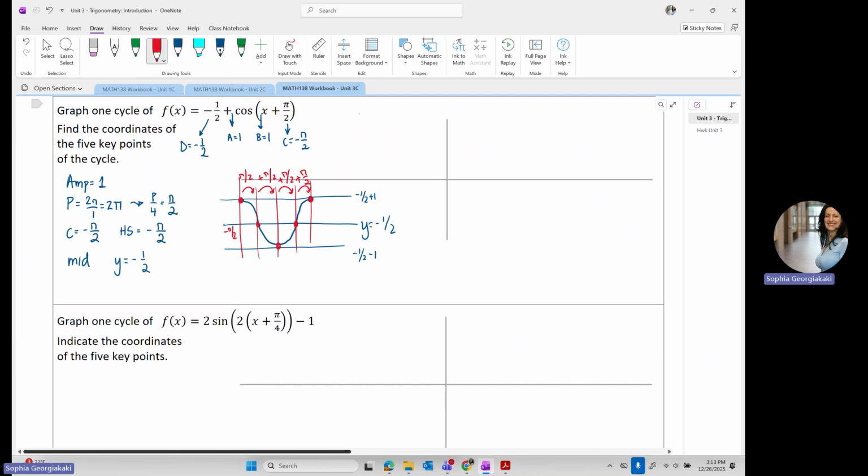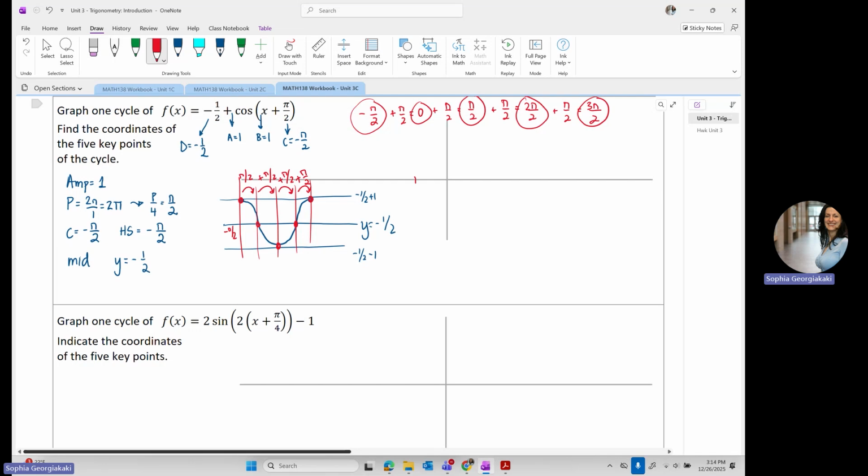So I'm going to start at negative pi over 2. This is my first point. I'm going to add pi halves, that will get me to 0. I add pi halves, that will get me to pi halves. I add pi halves, that will get me to 2 pi halves, or pi. And I add pi halves, and that will get me to 3 pi halves. These are my 5 points.